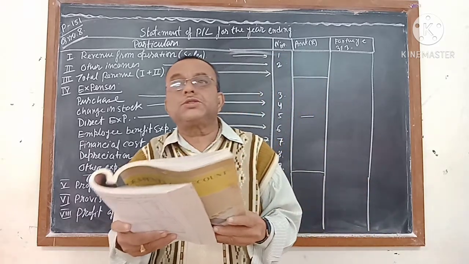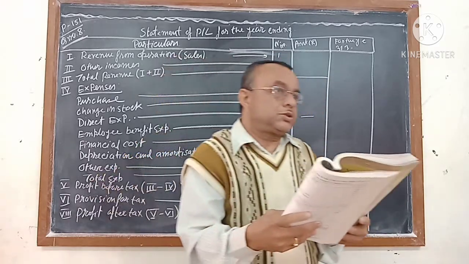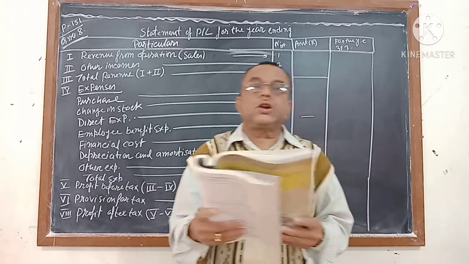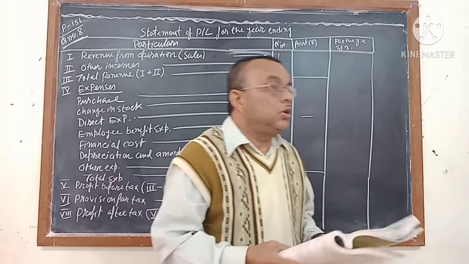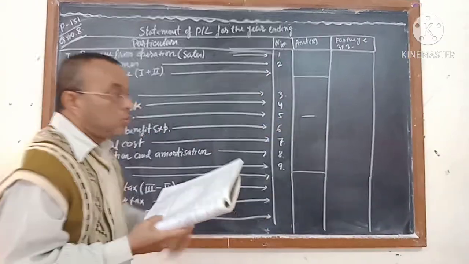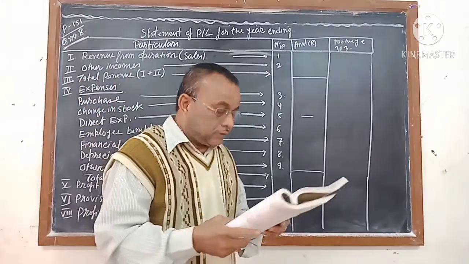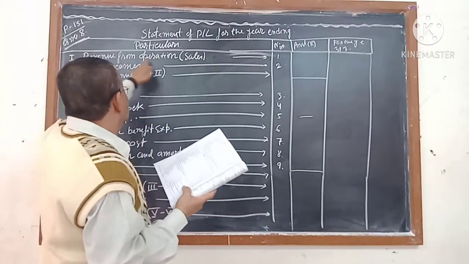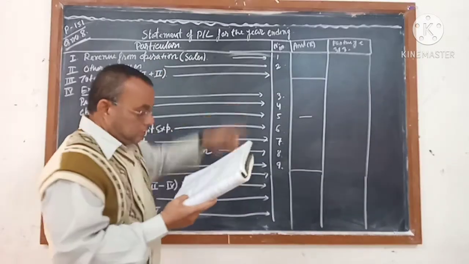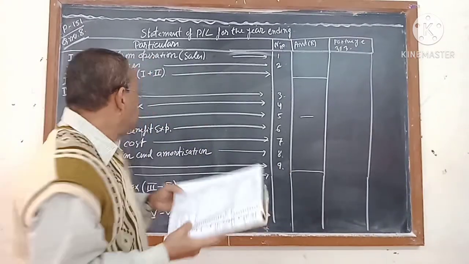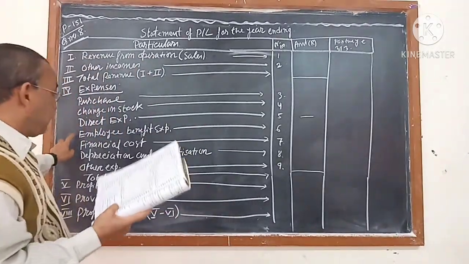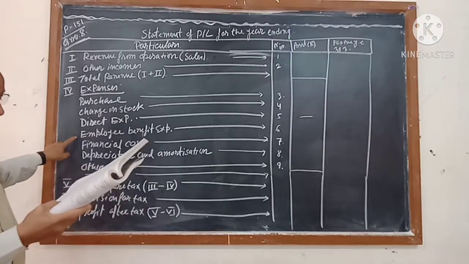But only this much is not enough to know income or expense. Under which heading it will come, that you have to remember, which I wrote here. Sales will come under revenue from operations. Salary is an expense, but it will come under employees benefit expense.